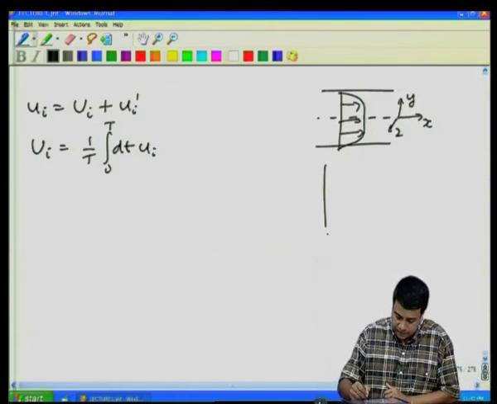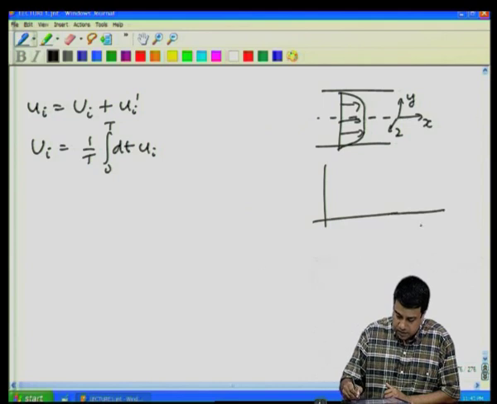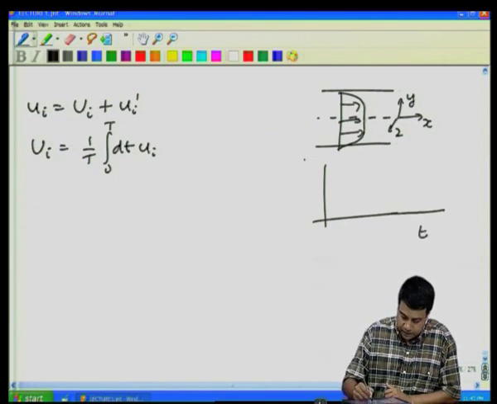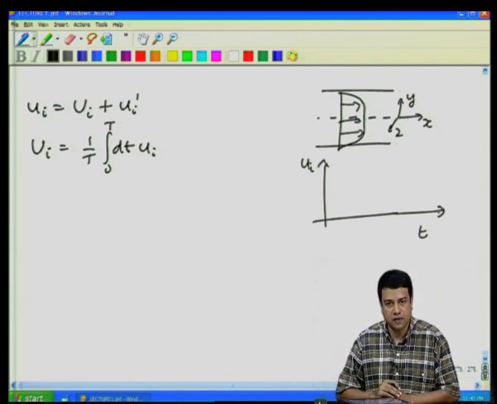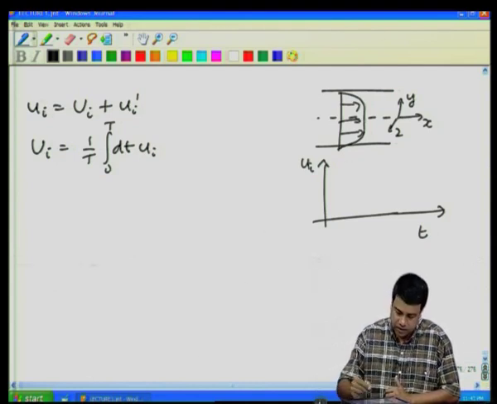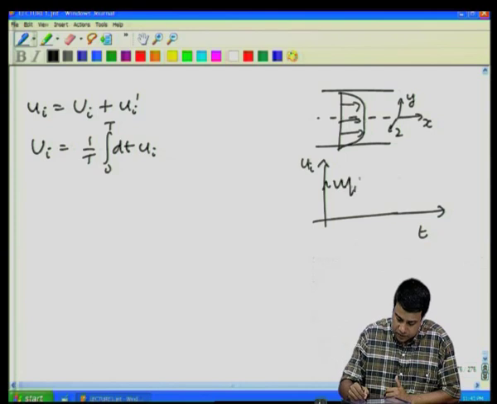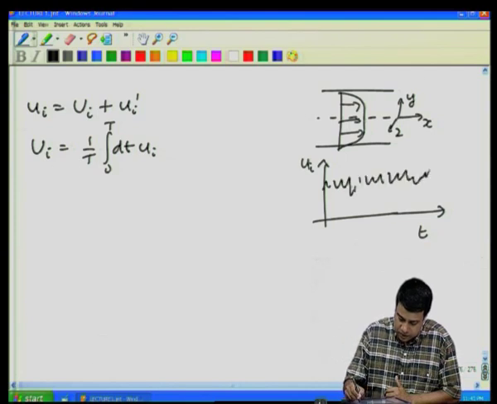So, I have some time period capital T, and I plot the local fluid velocity at some location, one particular component of that fluid velocity. It is a fluctuating value, it shows fluctuations.